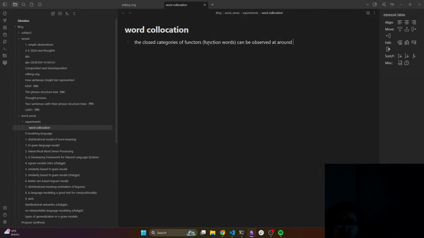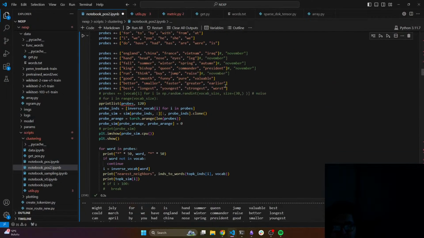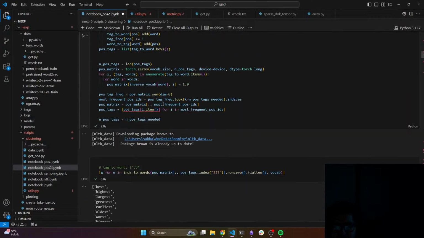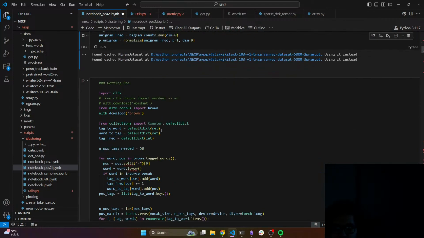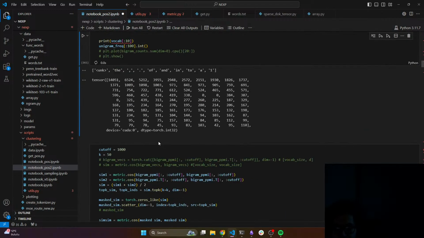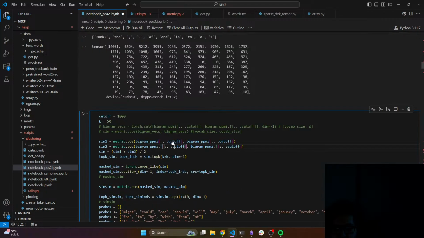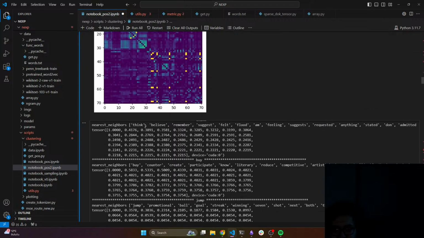The closed categories of functors can be observed at around less than 1 million. What about 100K? Still a little bit, not very good, but a little bit.